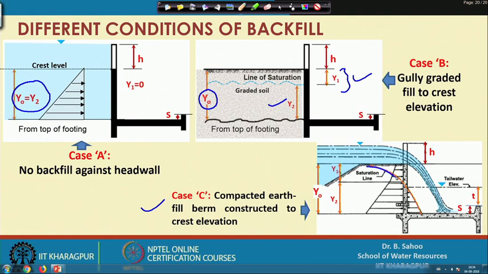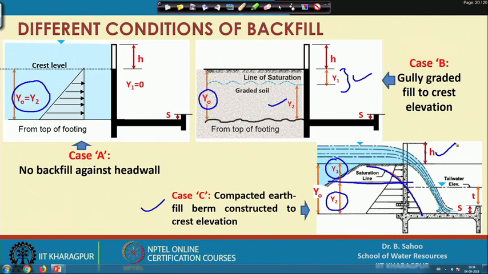This is the saturation line, and where it is touching the head wall, that is my depth y 1, and below the saturation line the depth below to the bottom of this foundation is y 2, such that y 1 plus y 2 equal to y naught, and h is my depth of weir.